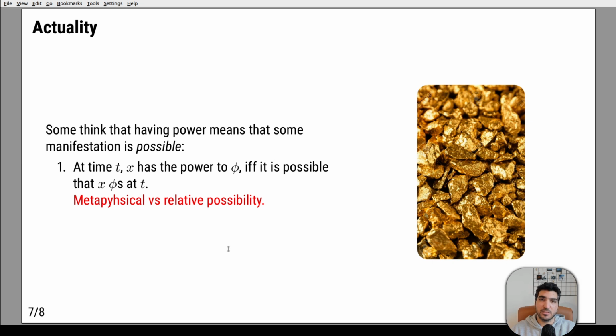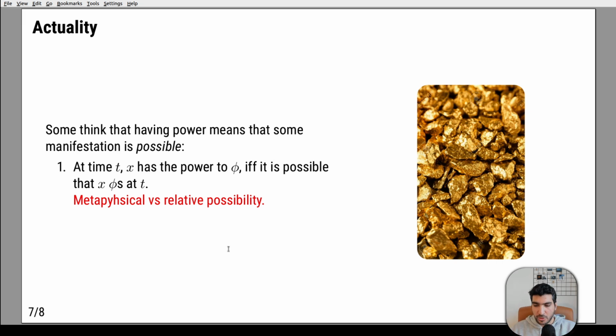It's metaphysically possible that the wire that I'm just touching has some current going through it. It's metaphysically possible that the statue that I have that's made of steel breaks apart. Of course, there are a lot of things that can be possible, but we won't attach powers to those things.